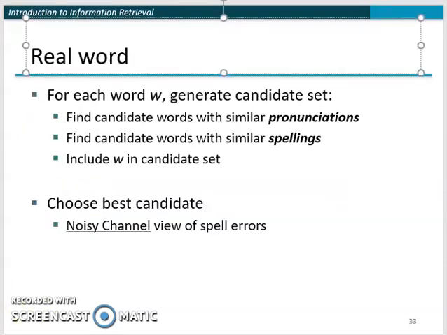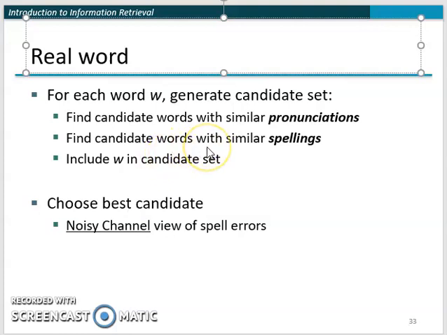In case of non-words, we just needed to do a lookup in the dictionary to detect the spelling errors. But we cannot do this for real word errors because that real word would also be present in the dictionary.